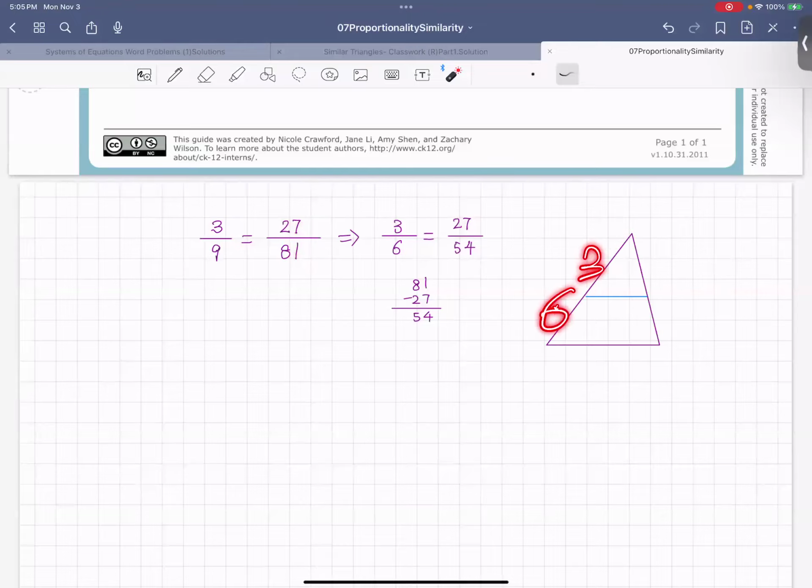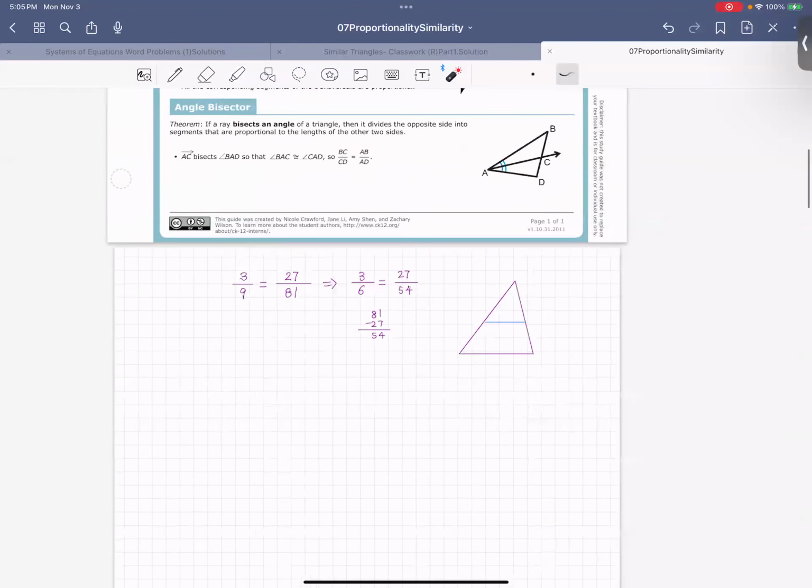This is 3, this is 6, this is 27, this is 54. That's very true. But you cannot say that divided by that equals that divided by that. If it's equal, you should use that divided by this minus that part. So just be careful with this kind of thing.